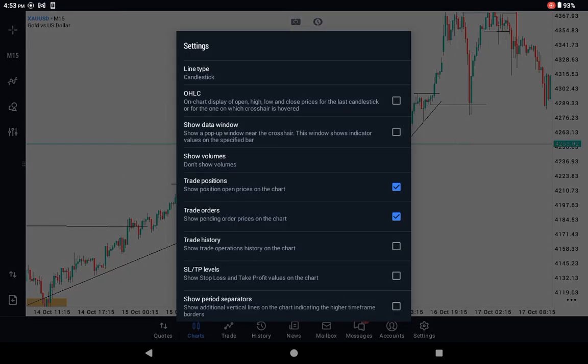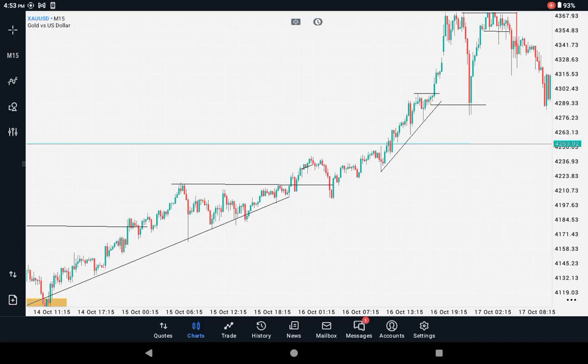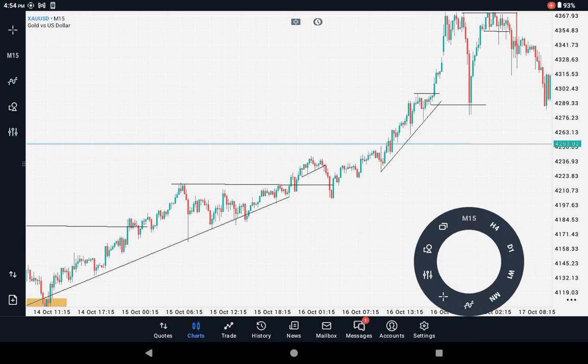So I was interested to buy, and where I'm looking for buy, first this level I'm taking out, and I'm interested to buy. I'm looking for buys.